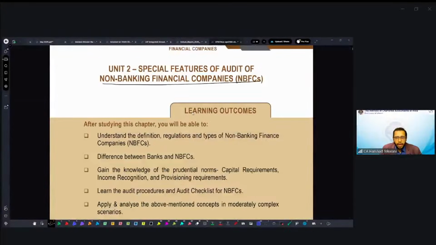NBFC is a regulated entity. Can anyone tell me who regulates the NBFC and its working and its operation? Who regulates the working operation of the NBFC? Can anyone tell me that?